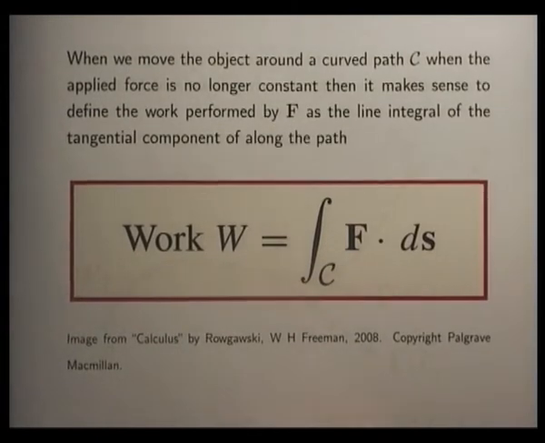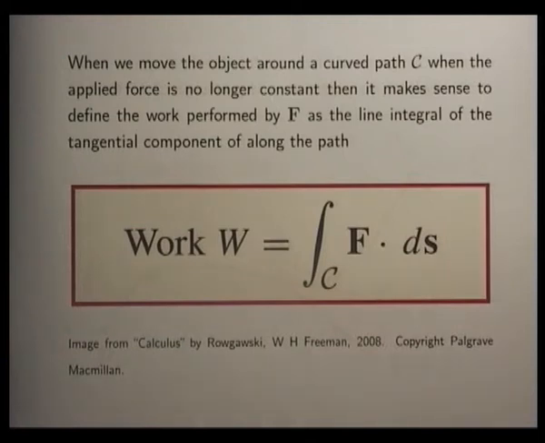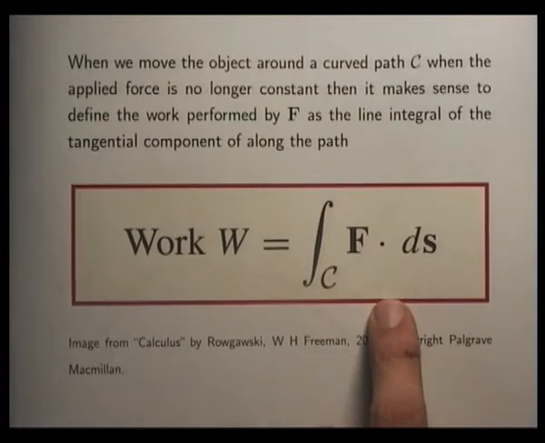And the answer is contained in the following. If we move an object around a curved path, curly C, and the applied force is no longer constant, then it seems to make sense to define the work performed by F as the line integral of F over the curve C.